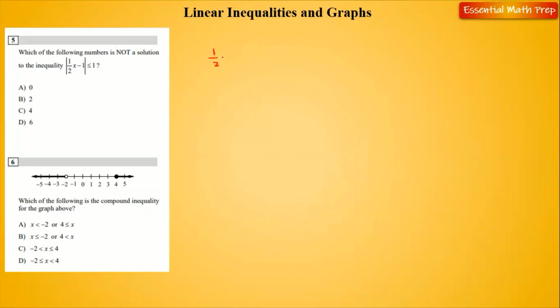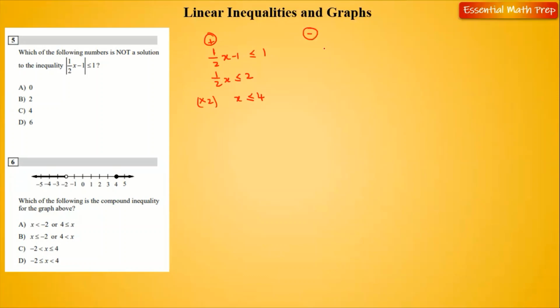So we have 1/2 x minus 1, for the positive domain because it's an absolute value, is less than or equal to 1. So if you add 1 on both sides, it's 1/2 x less than or equal to 2. You can multiply by 2 on both sides, which would make it x less than or equal to 4. And that's one end of it.